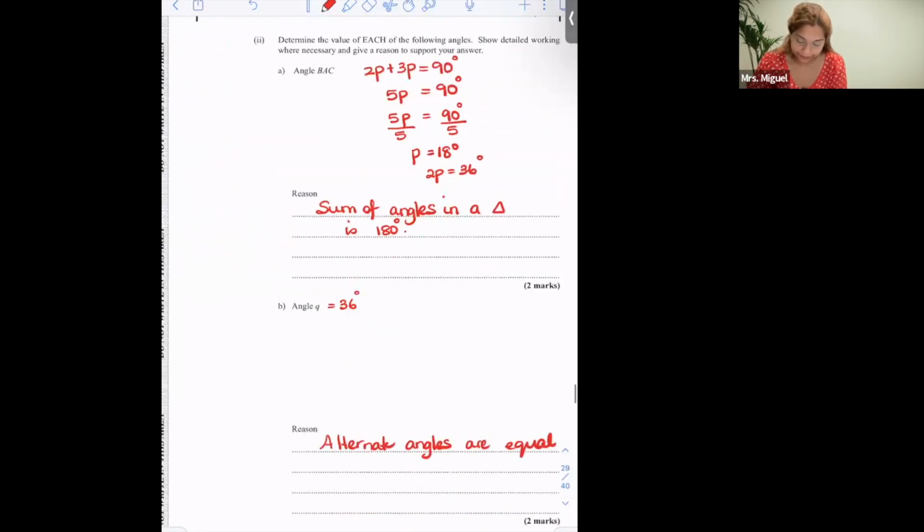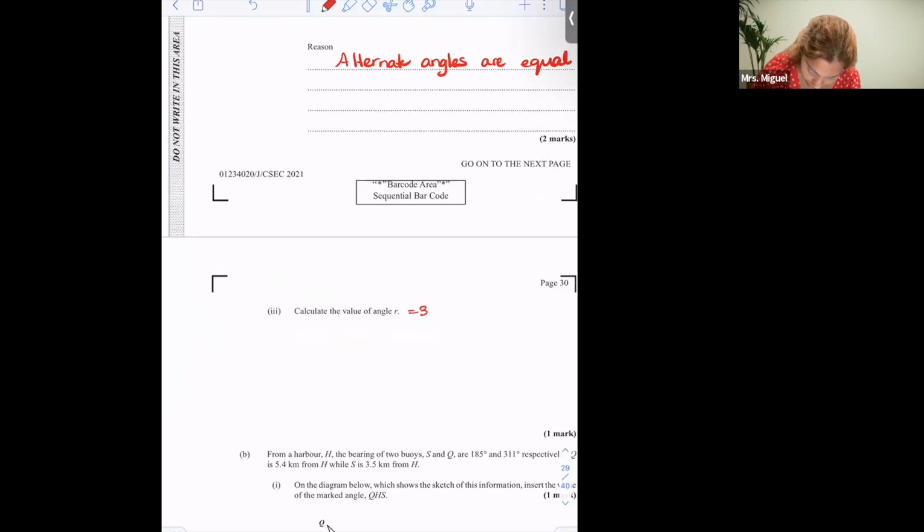Let's write that. OCD is an isosceles triangle. So you see how much information you could get just by reading the question, and the theorems are there for you to learn.